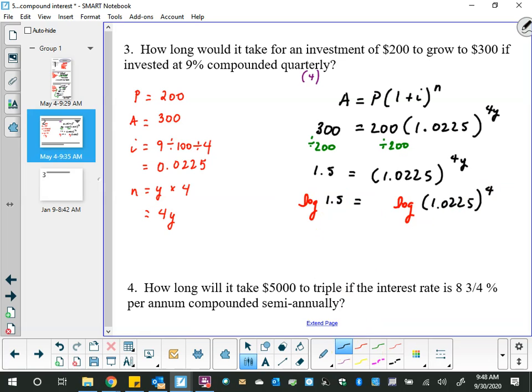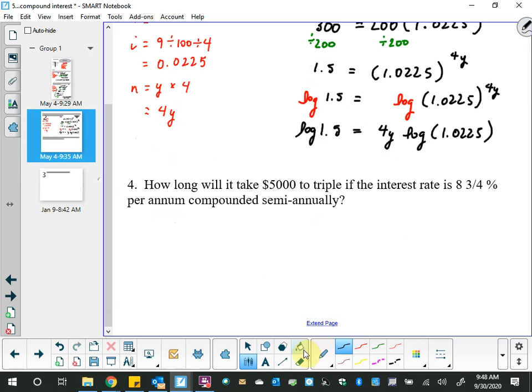Because what that lets you do is use the law of powers that says you can take this exponent and take it down in front. Again, no real need for this bracket other than this is a decimal, so it's kind of bulky and I want to draw attention to it.